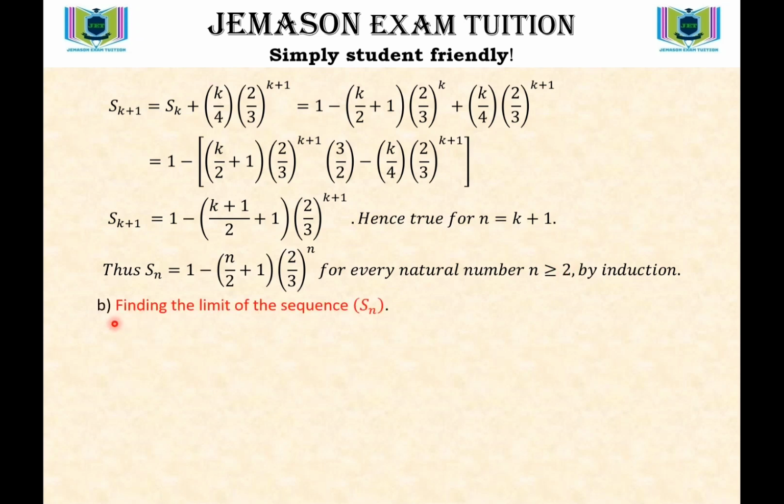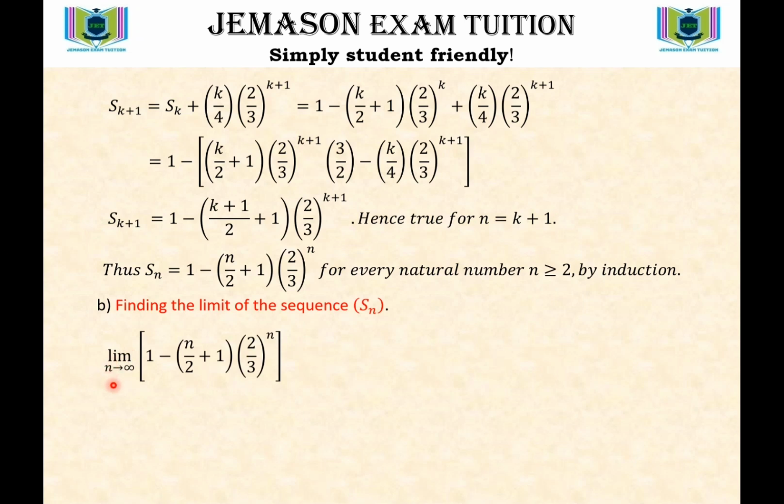In the last part of the question, the B part of 3, we are asked to find the limit of the sequence Sn. We recall that the limit of the sequence Sn is equal to the limit as n tends to infinity of the formula for Sn.